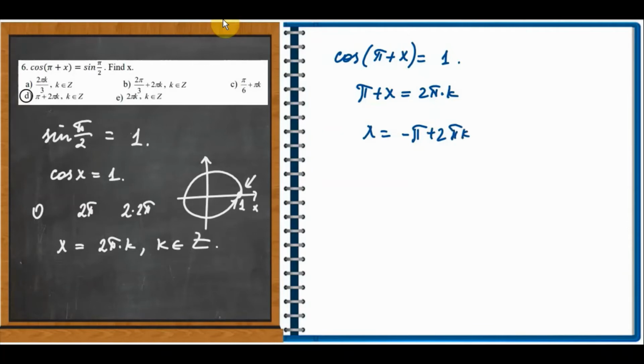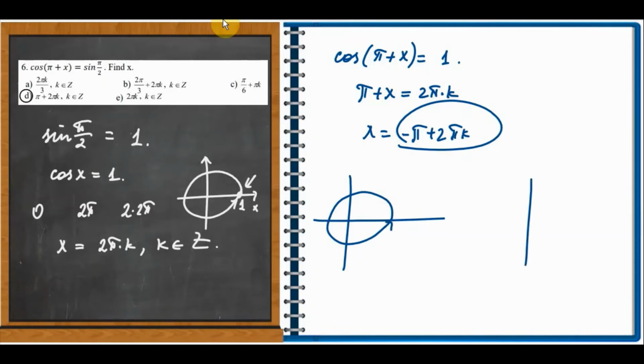Now, we are looking for the answers, but we don't see this answer. Let's look at this full turn, and when we add negative pi, it means that we go back along the semicircle and we reach this point. It's negative pi plus 2 pi multiplied by k.